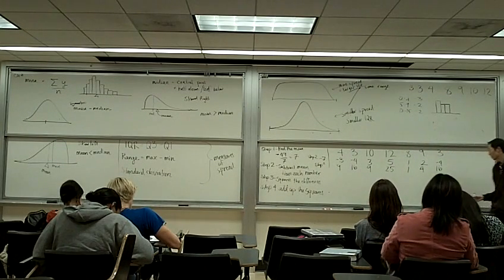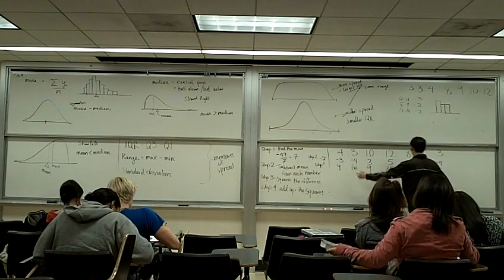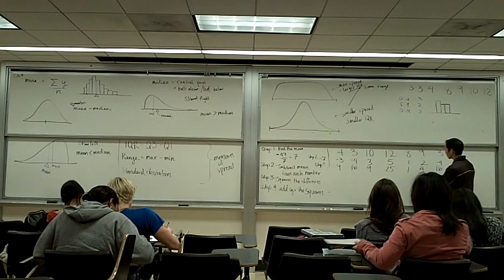What does that end up being? This is 25, 50, 75, 80.